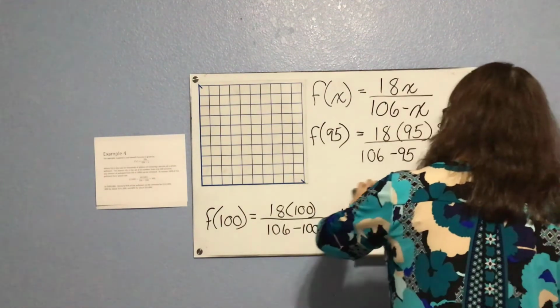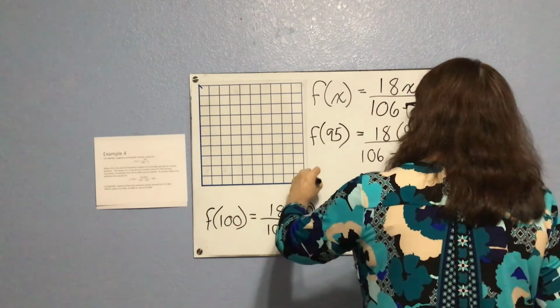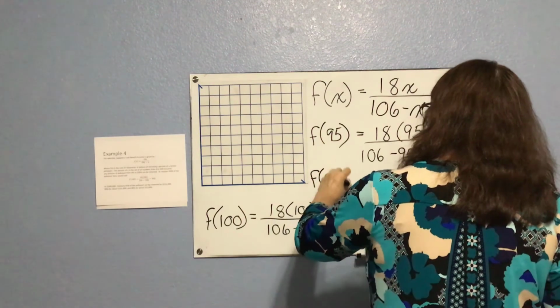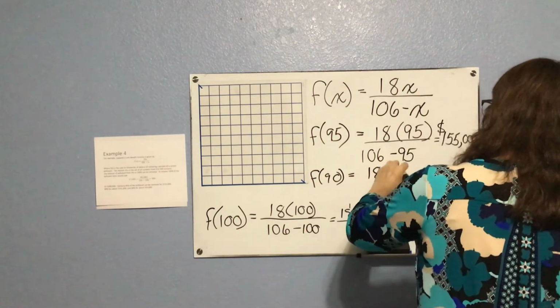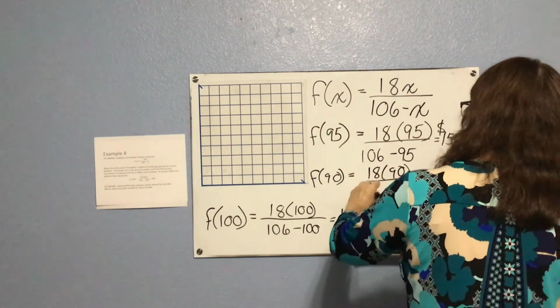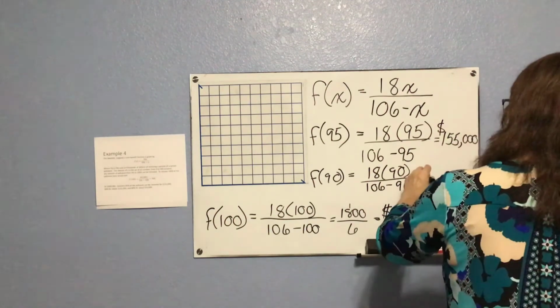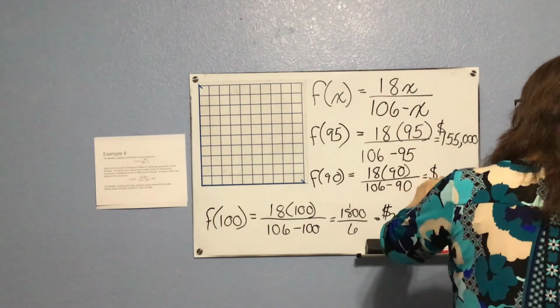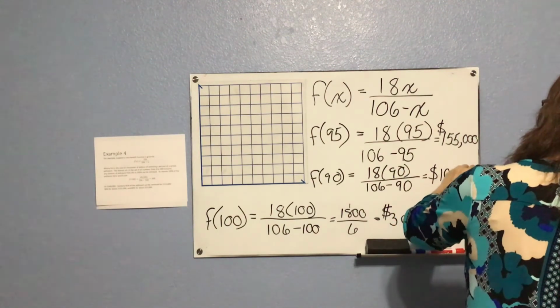Okay, working another level. What if I was satisfied with 90%? And 18 times 90 over 106 minus 90, and this would cost me about $101,000.